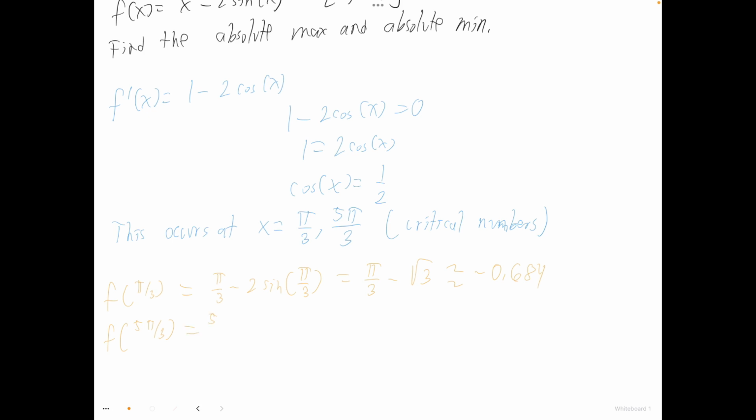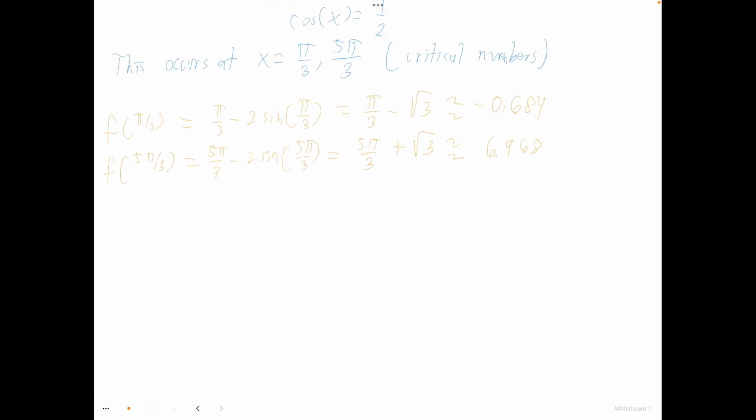At 5 pi thirds, we have 5 pi thirds minus 2 sine of 5 pi thirds, which equals 5 pi thirds plus the square root of 3. Sine of 5 pi thirds is negative square root of 3 over 2, so we get plus square root of 3. And that's approximately 6.968. So those are the values at the critical numbers.